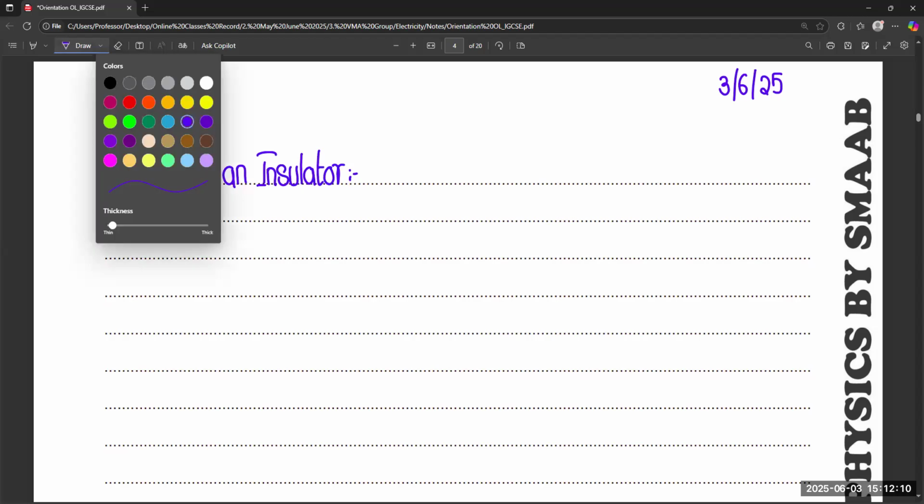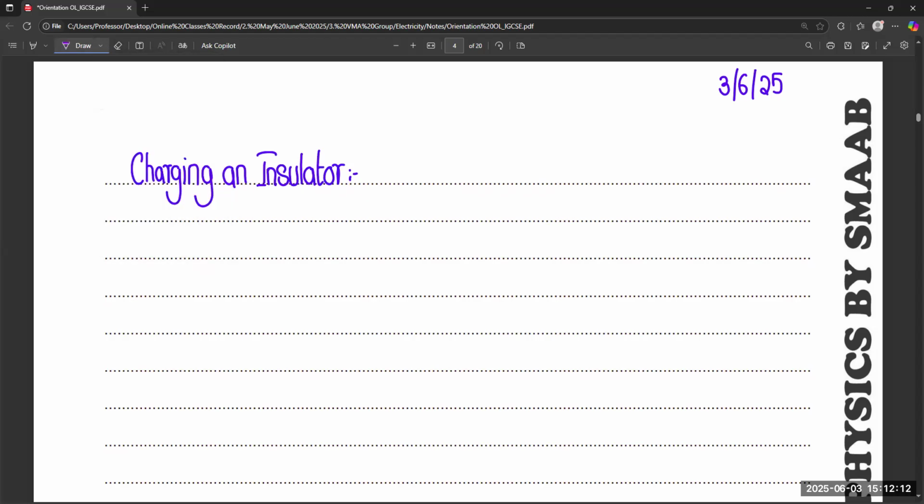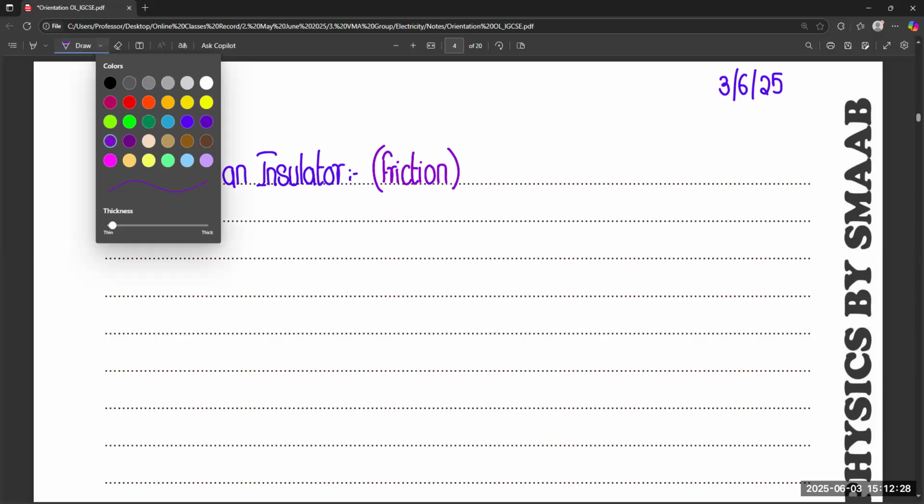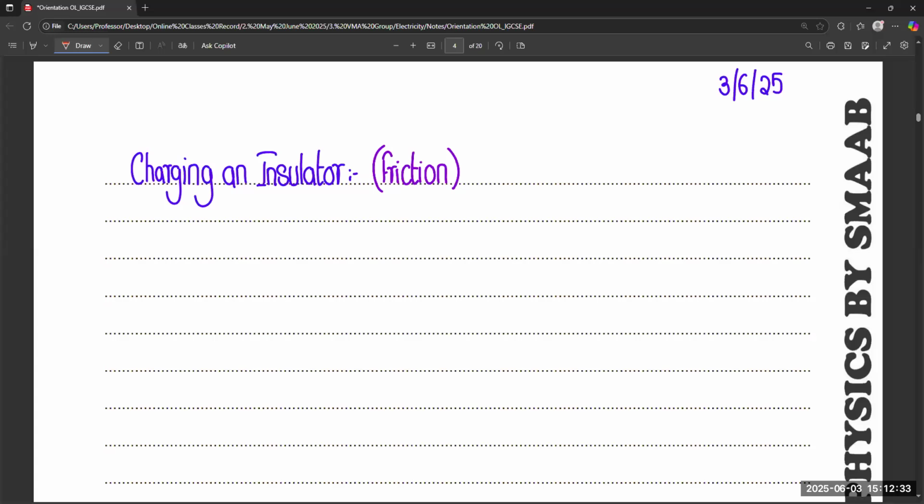And there is only one method we have to practice in this chapter, that is called the friction method. When we rub one object on the other, that will cause friction. Because of that friction, we get charge on the body, and that is called the process of charging an insulator with the help of friction.